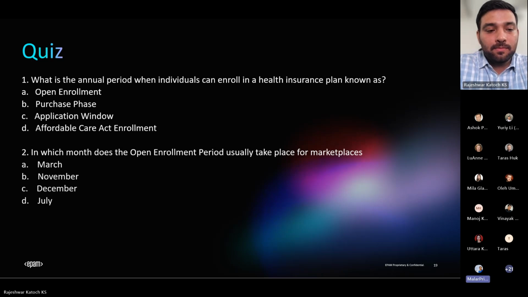I would say B. Yes, it is correct. It is November, because November is the time frame where employers notify employees to enroll themselves in the medical plans and all the plan types, because they have a window from the month of November till the first week of December.